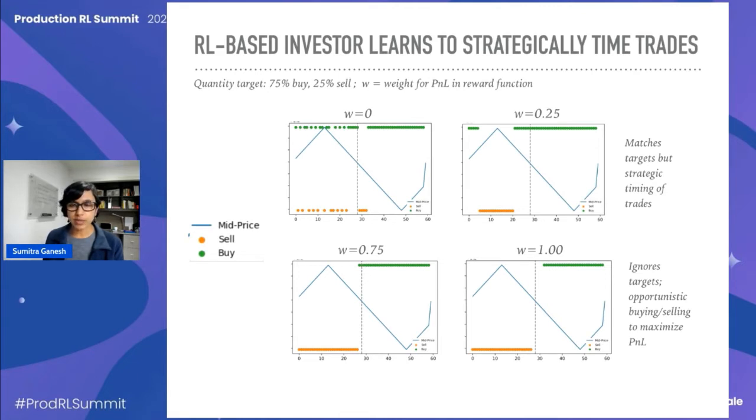But as you increase the weight, it starts to time the trades in a more careful manner. For a weight of 0.25, it is still trying to meet the quantity targets, but it is now buying when the price is low and selling when the price is high. And as the weight increases further, it completely ignores the quantity target, and you start to see opportunistic buying and selling behavior to maximize P&L.